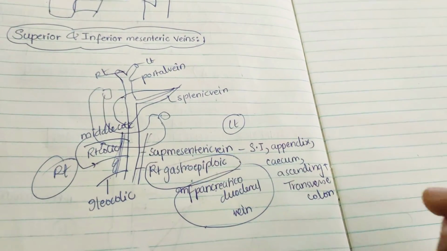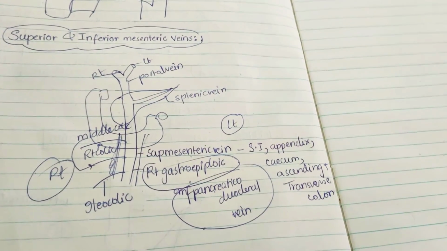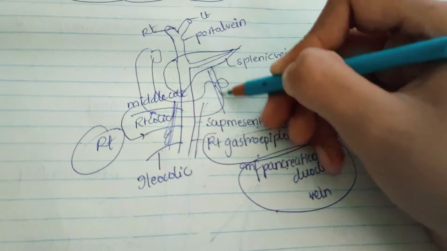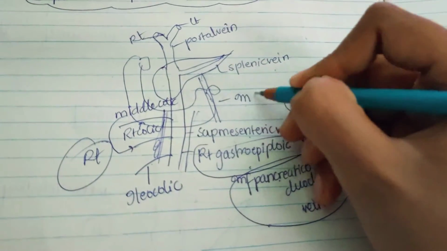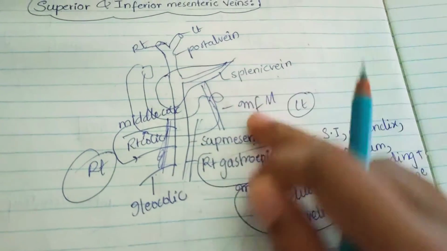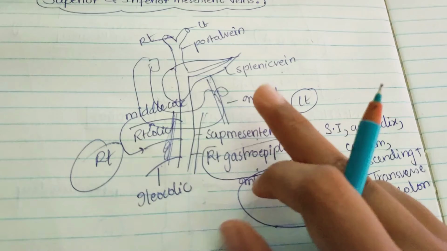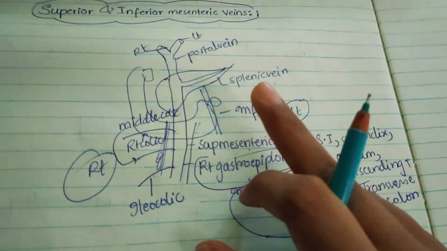Now let us discuss the inferior mesenteric vein. To the same picture, just add one more vein here. This will be the inferior mesenteric vein. The inferior mesenteric vein drains blood from the rectum, anal canal, sigmoid colon, and descending colon.